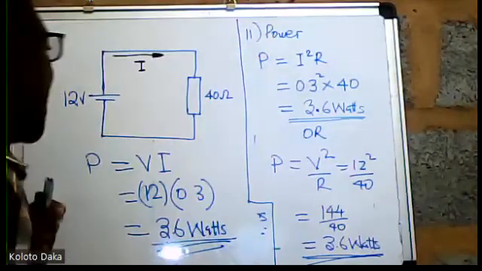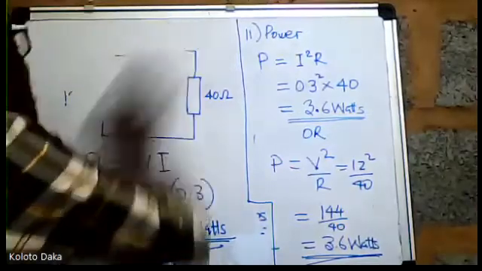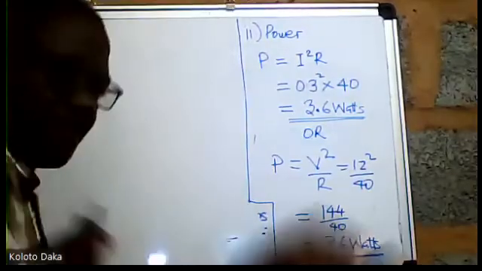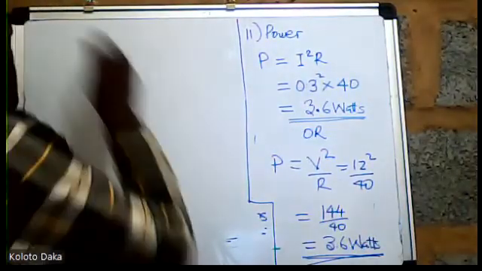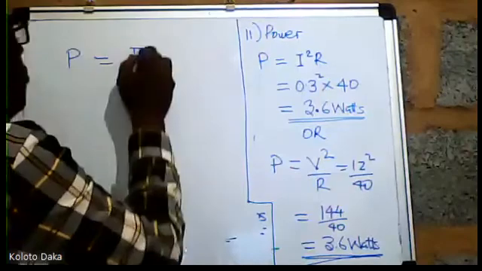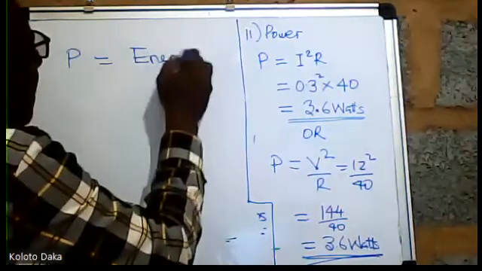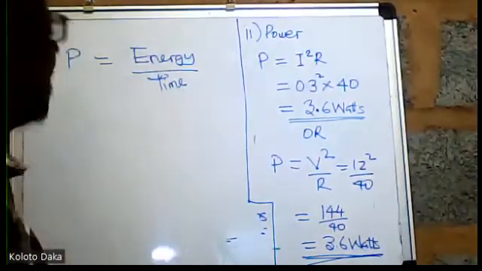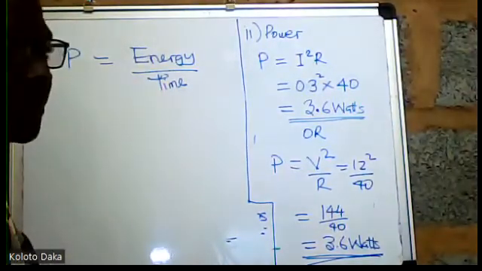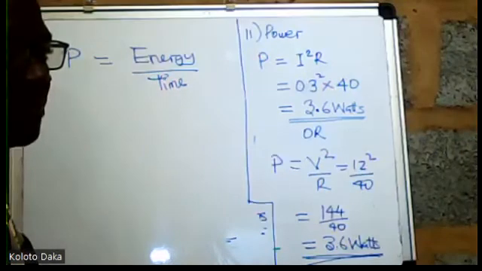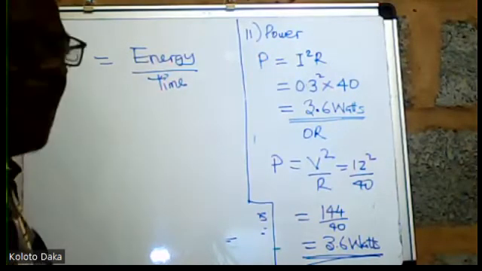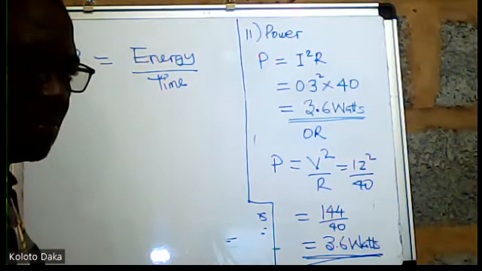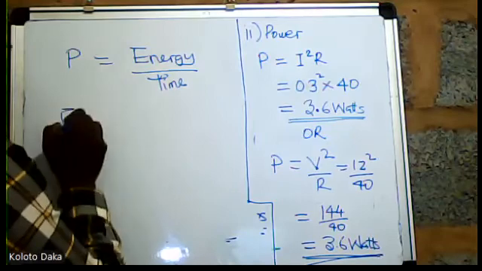We proceed. Energy consumed in 2 minutes. What is power? Power is equal to energy over time. Do we agree? Power is work done over time. Work done is energy. So what is energy?